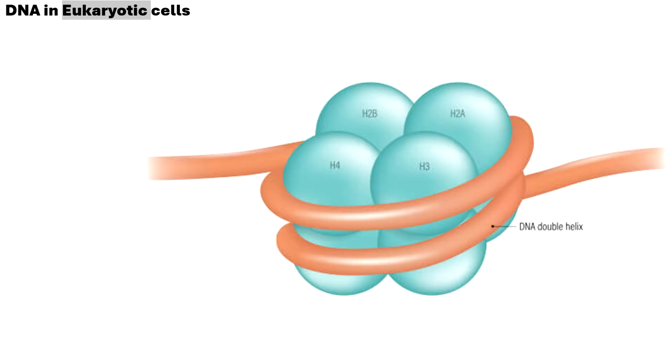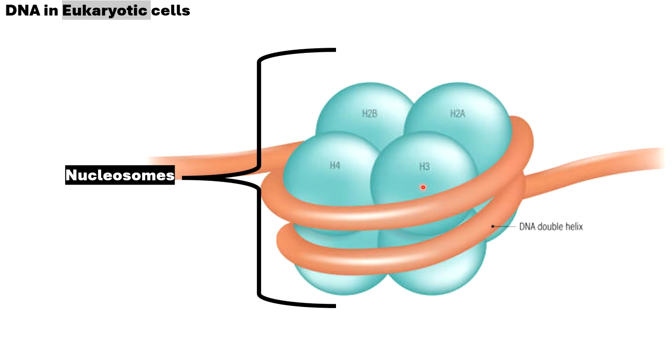You need to know that DNA in eukaryotic cells, so animals, plants, fungi, is in the nucleus, okay? Where nucleosomes, this thing right here, are going to contain the DNA. How? Well, first note that nucleosomes are the building block of chromatin. This links to mitosis and meiosis.